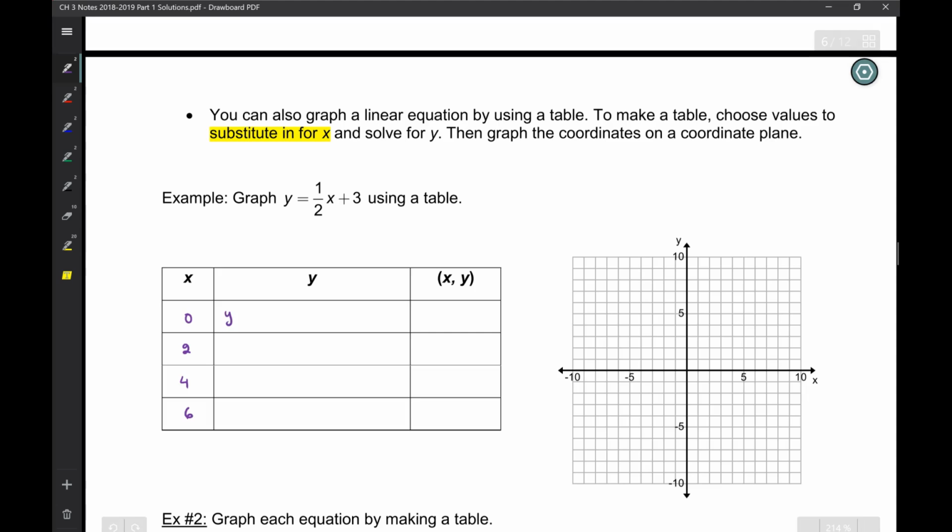So here, y equals half times 0 plus 3. Okay, here, you can use your calculator, or if you don't want to, you could do it mentally. This is 0 plus 3. That equals 3.